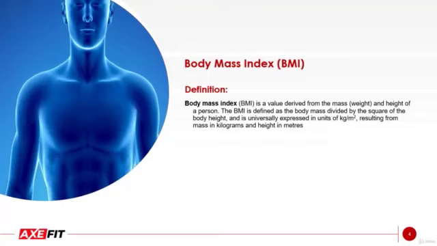The BMI is defined as the body mass divided by the square of the body height, and is universally expressed in units of kg/m², resulting from mass in kilograms and height in meters. So if you were to understand BMI in simpler words, it means calculating the overall mass on your body.